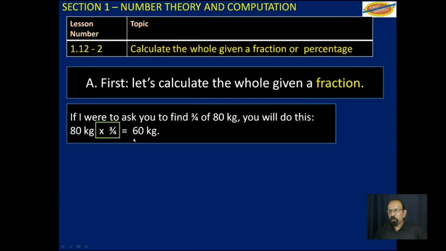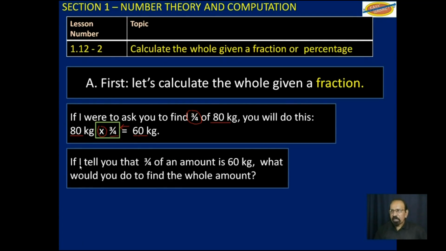I want you to note multiply by 3/4 carefully. So if you are given the whole of something and you want to find a fraction of it, you will multiply the whole amount by the fraction to get the fractional amount.